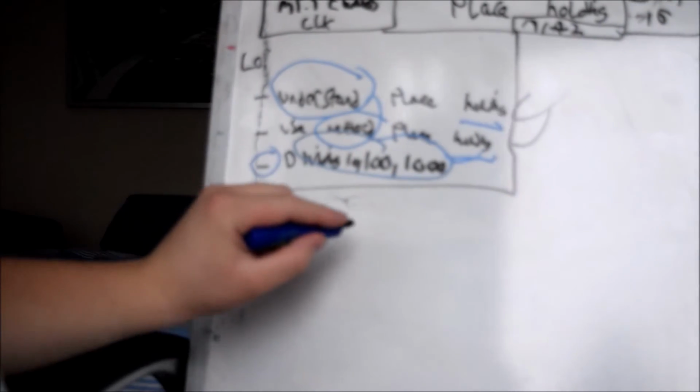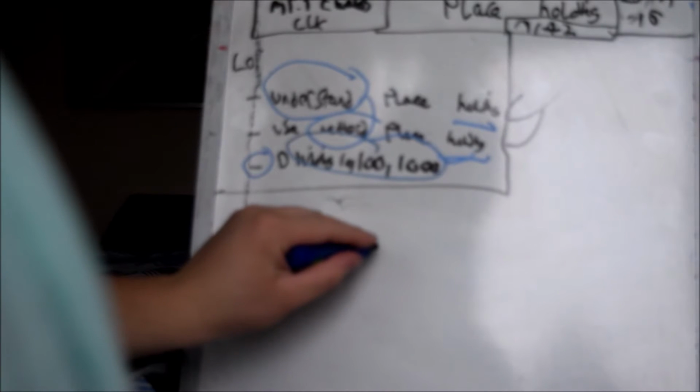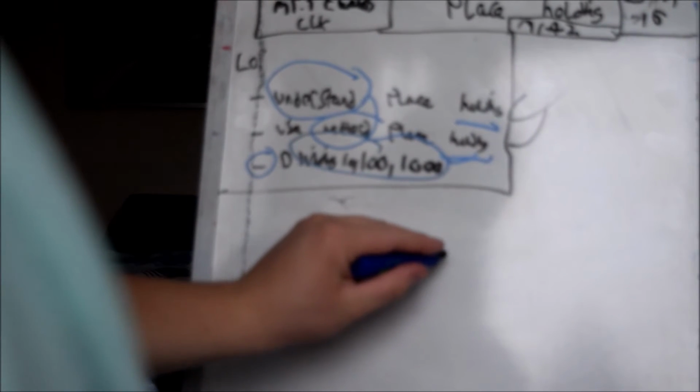So from our understanding and using the method, we're going to use these numbers here to get a sample answer through. So let's do our box: thousands, hundreds, tens and units.